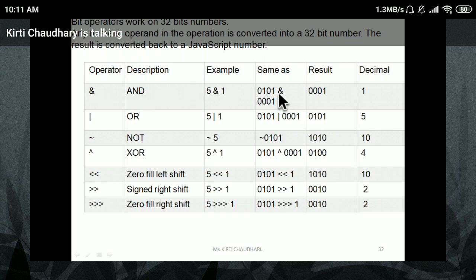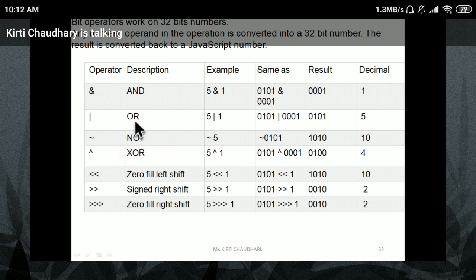AND means when both digits are 1, then 1, otherwise 0. So the result is 0001, and the decimal output is 1.